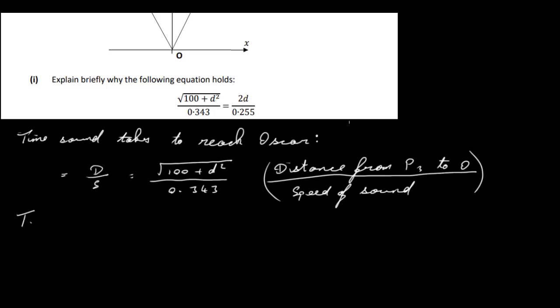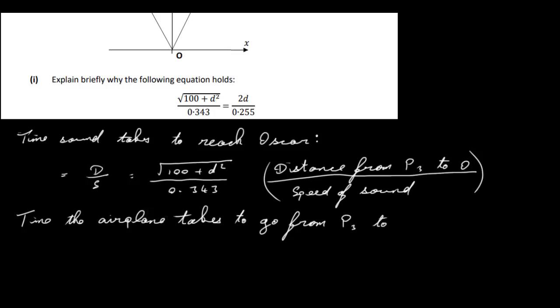Okay, so the time the airplane takes to go from P3 to P4 is equal to, again, distance over speed, which is 2d divided by 0.255.